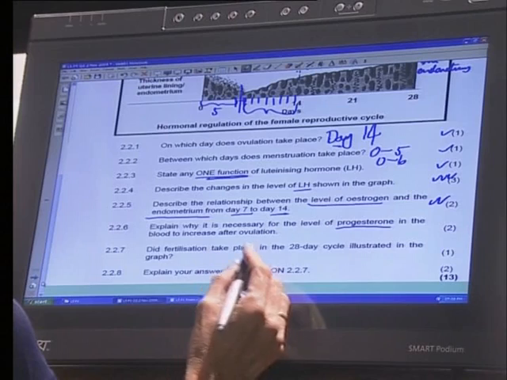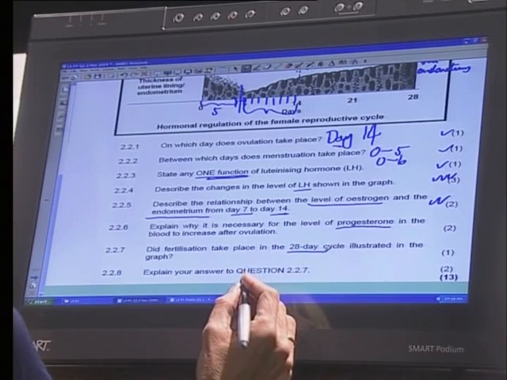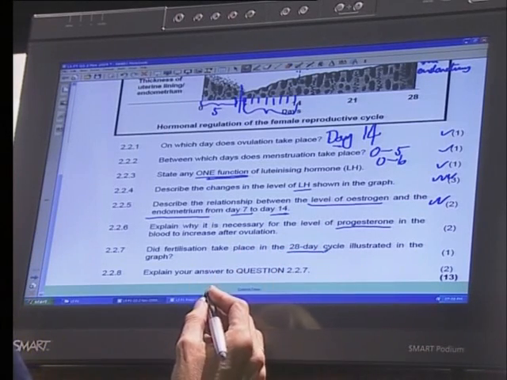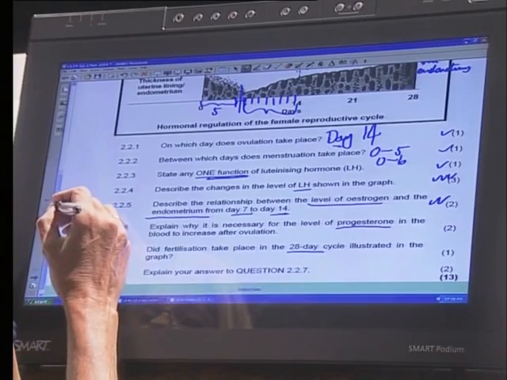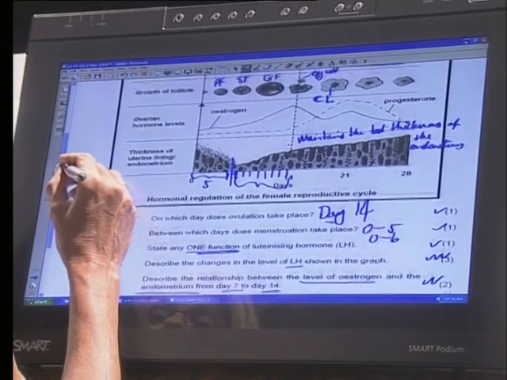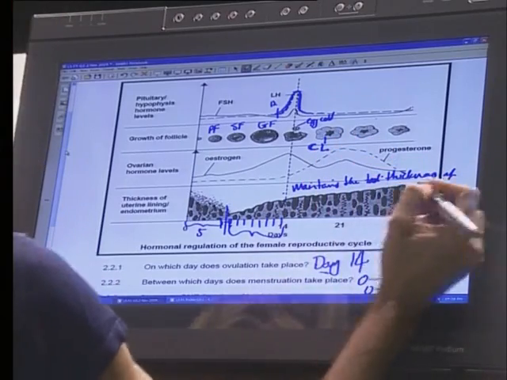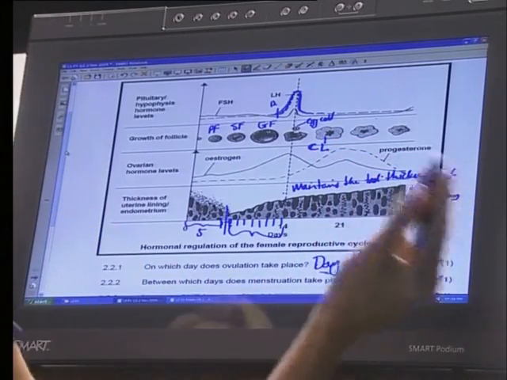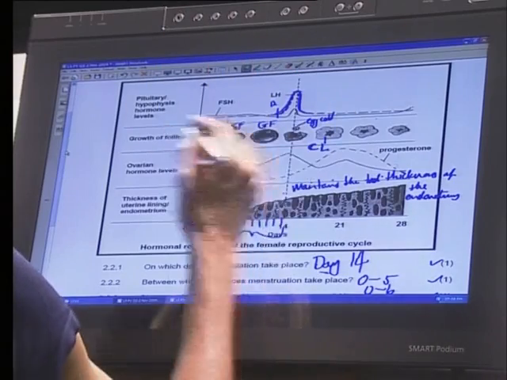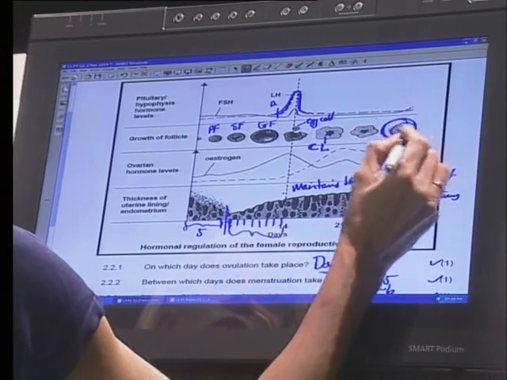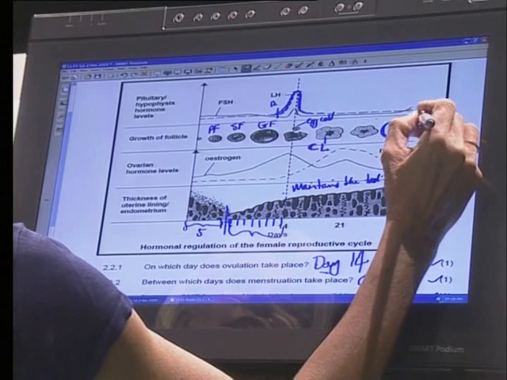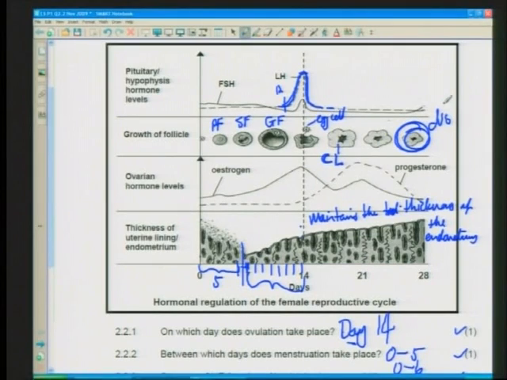Did fertilization take place in the 28-day cycle? How do you know? Because the progesterone levels decrease. That's good. The fact that the progesterone level decreases means, sorry for you, it didn't happen. But also, if you look here, what happens to your Graafian follicle? It disintegrates.